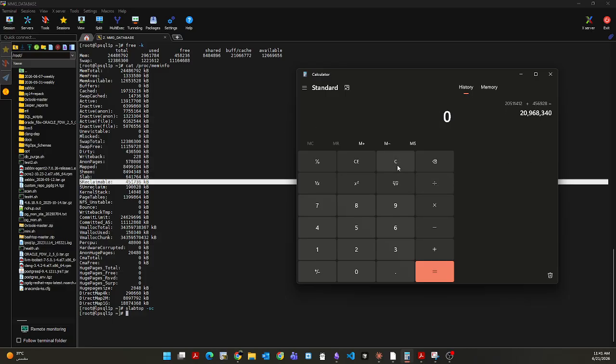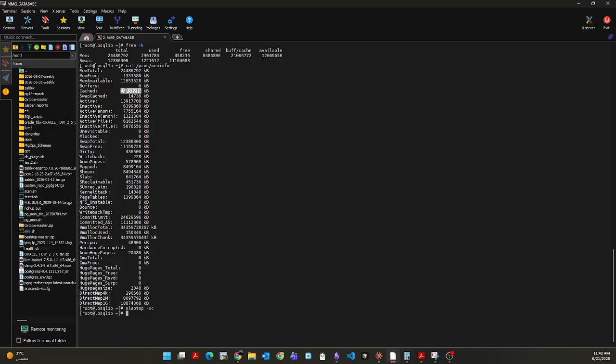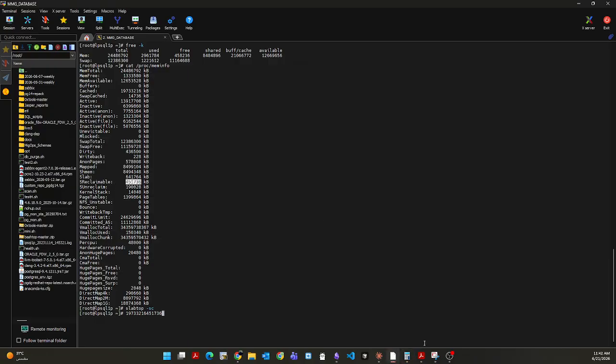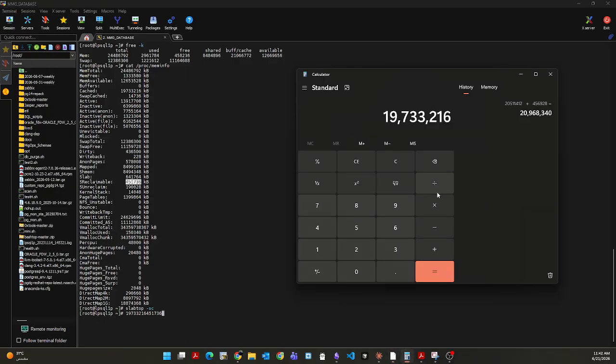Let me go here to the Cached, for example, this, paste, plus slab reclaimable, paste, equal. So equal 21 something. It's basically or almost the same.